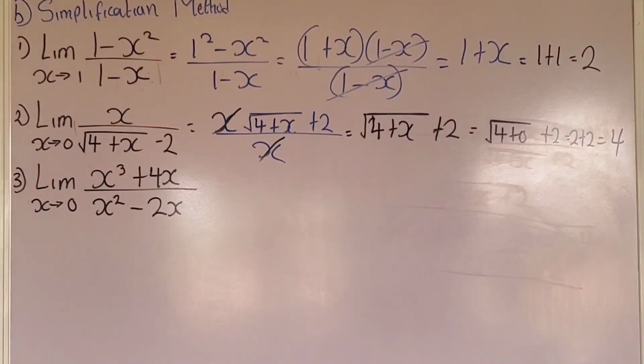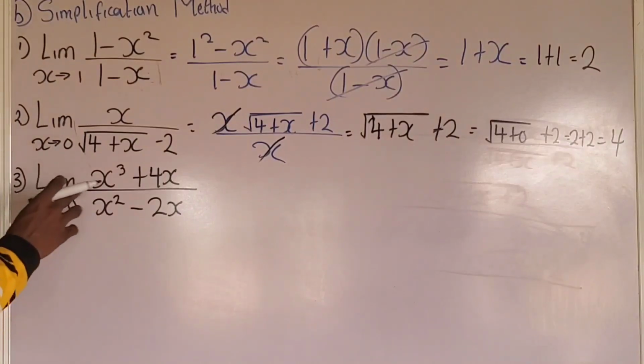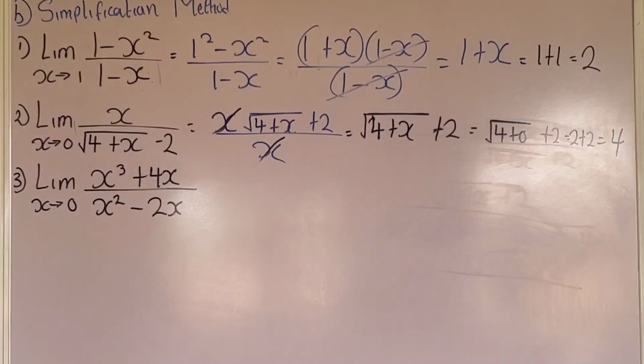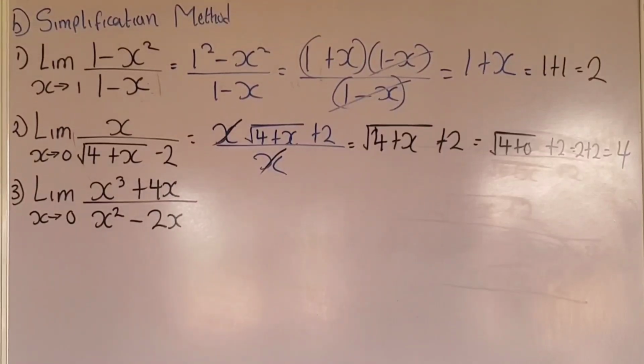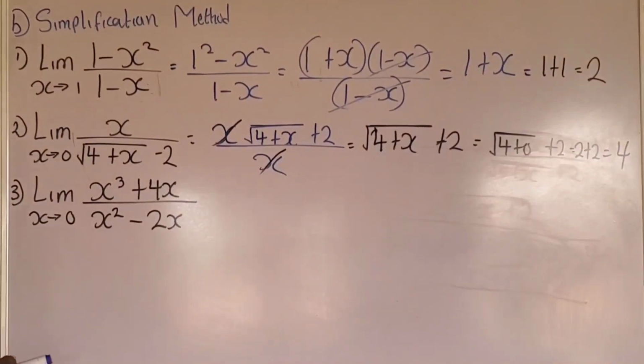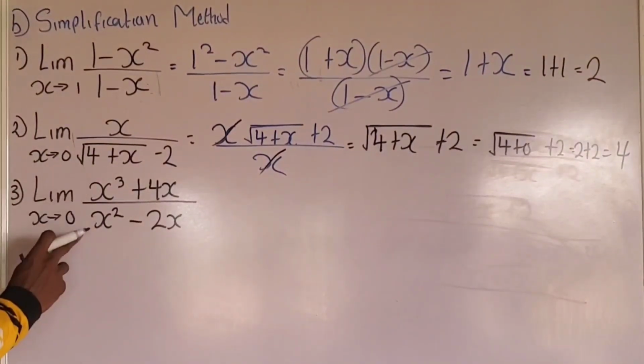Do you understand? Okay, now let us look at the third question. We have the limit of x to the power of 3 plus 4x all over x squared minus 2x as x tends to 0. For the third question, all you have to do is just factorize. You have to factorize x, both the numerator and the denominator.